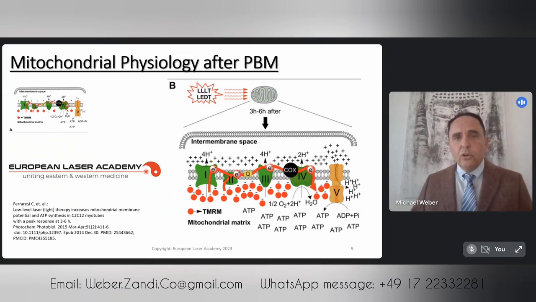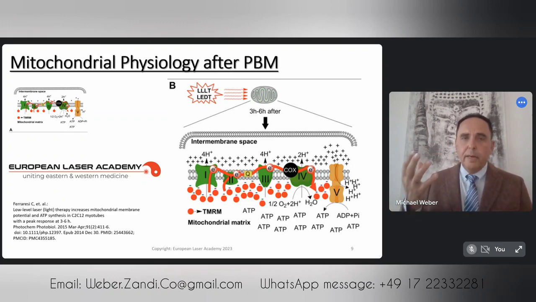The more mitochondria are in a culture that I irradiate, the more mitochondria that are in an organ that I irradiate, the higher is the effectiveness of the photomedicine. So when I irradiate muscular cells or heart muscular cells, myocytes, I have an outburst of ATP production as shown in this cartoon.